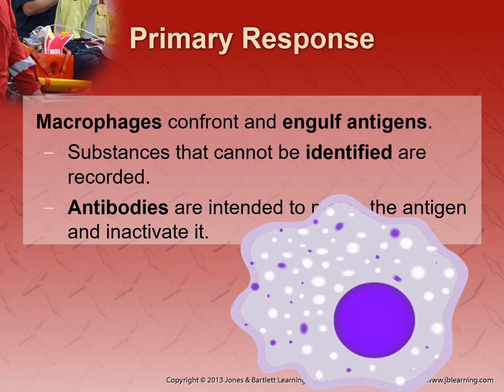Next is that primary response. We're going to talk about the way we adapt to, I guess you would say, our environment. As we bring different antigens into our body, we look at it and we say, hey, this is non-self. This isn't from within our body, it's from without. And we need to make a decision on what we're going to do about this.